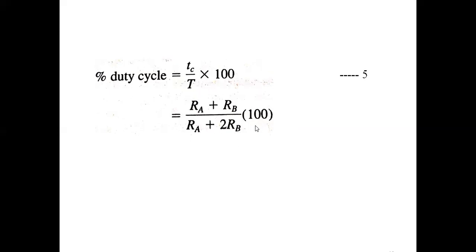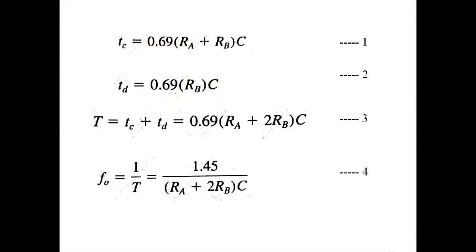Whenever the duty cycle of the square wave is 50%, that means according to our equation number 4, the astable multivibrator will not produce a square wave output unless resistance RA is equal to 0.